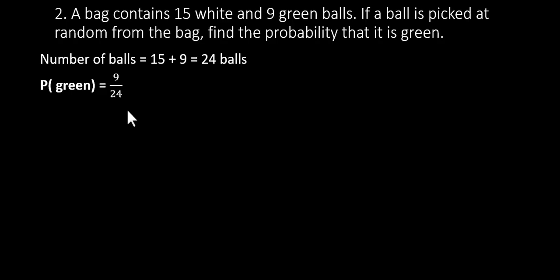In this case, we can simplify by dividing by 3, since 3 can go into both 9 and 24. When you divide 9 by 3, this gives us 3. Then 24 divided by 3 gives us 8. So 3 over 8 is our answer.